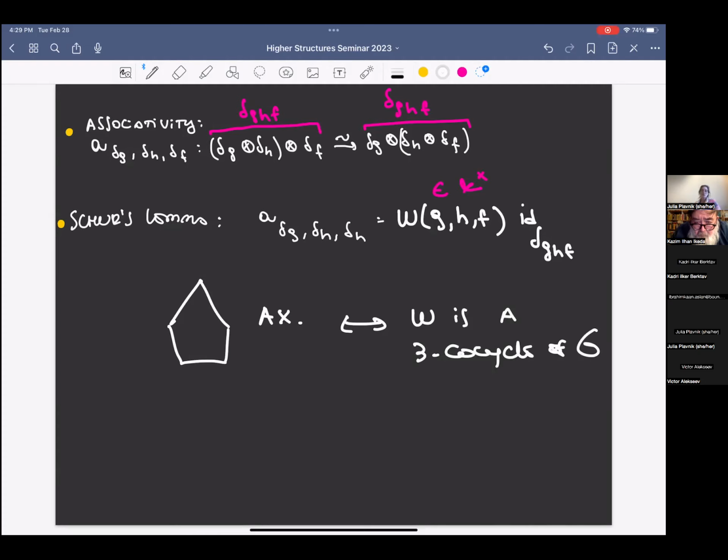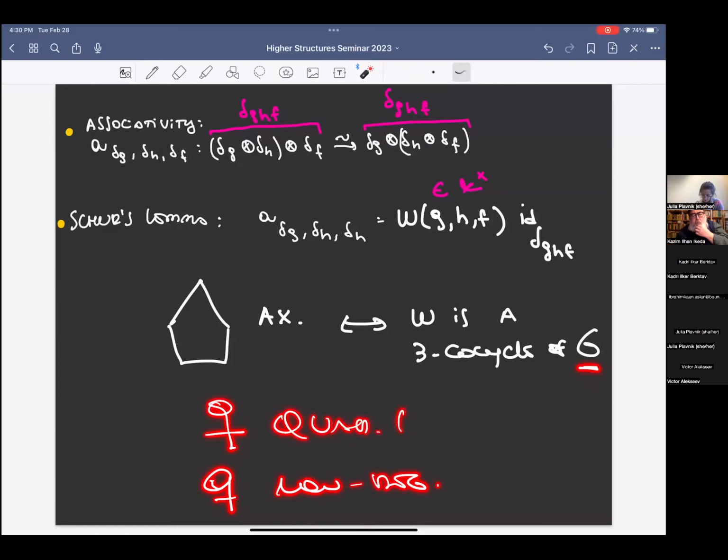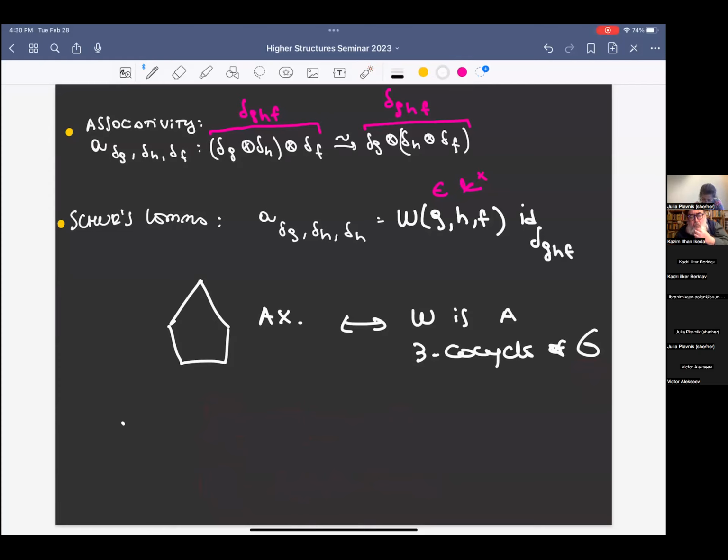Now, I'm not going to go into details unless there are questions about the braiding and about the modularity in this case. But the braiding, just if you're curious, is related to a quadratic form of the group. And for the category to be modular, this quadratic form needs to be non-degenerate. Maybe I can say just this.